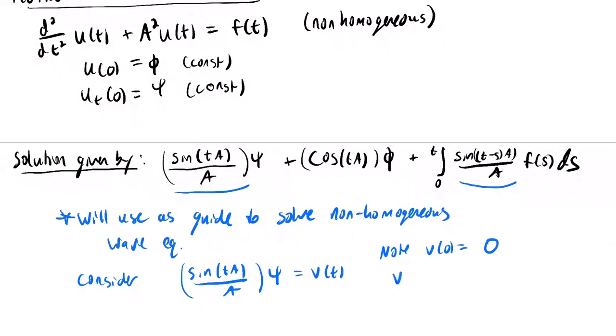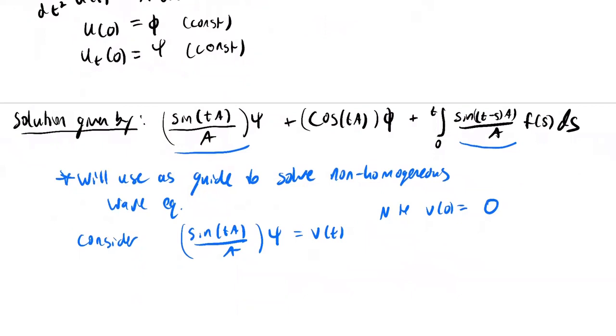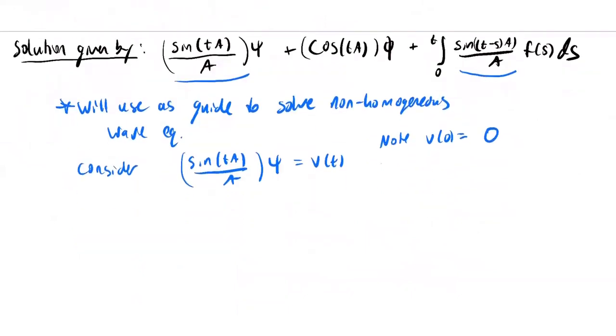So if I take the first derivative, let me just write this out, actually, sorry. Right, so if I take v prime of t, I get, well, the a's cancel, so I get cosine when I use the chain rule.